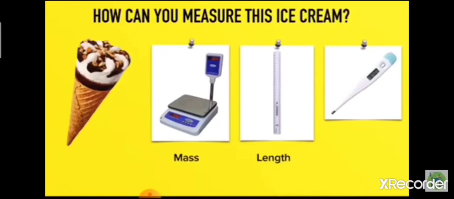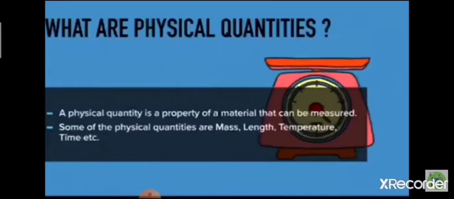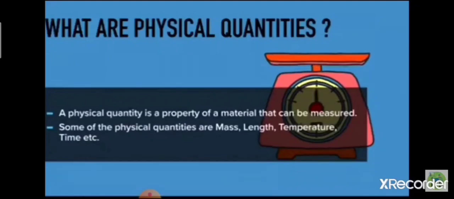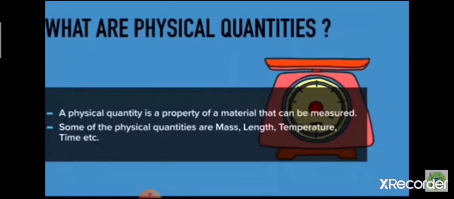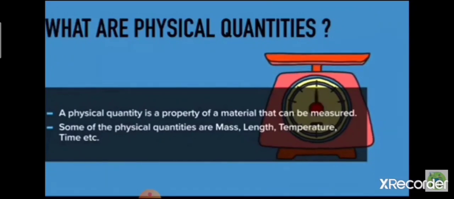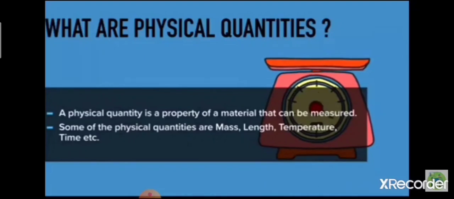And lastly we have a thermometer. So what can we measure? We can measure the temperature of this ice cream by using the thermometer, whether the ice cream is hot or cold. So let us come back to what are physical quantities.